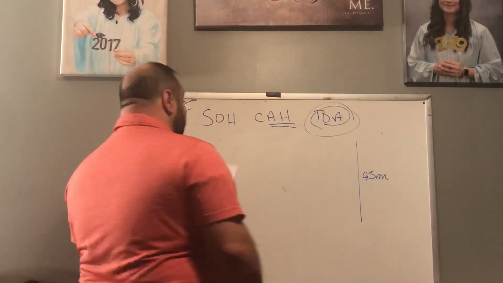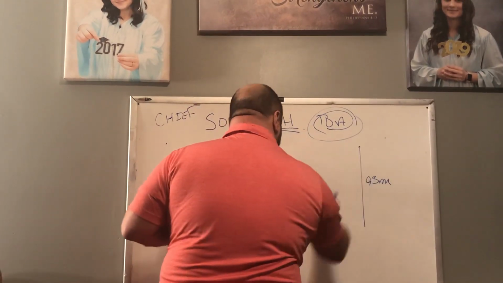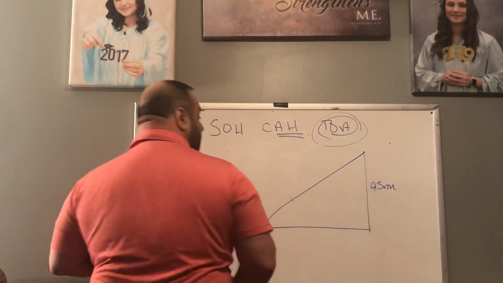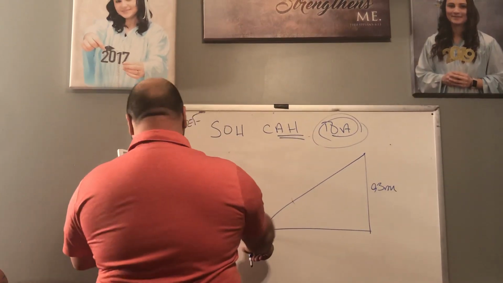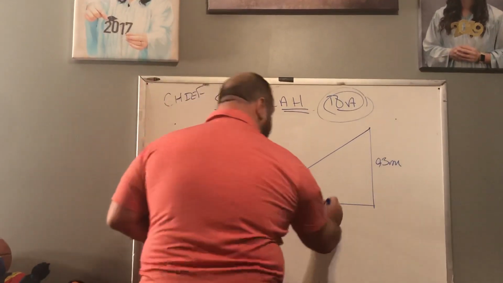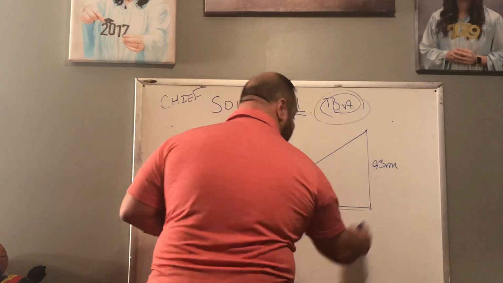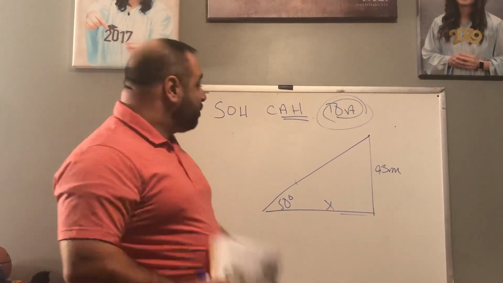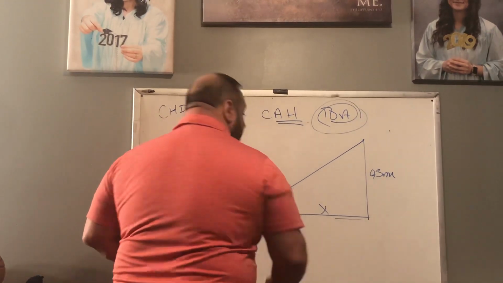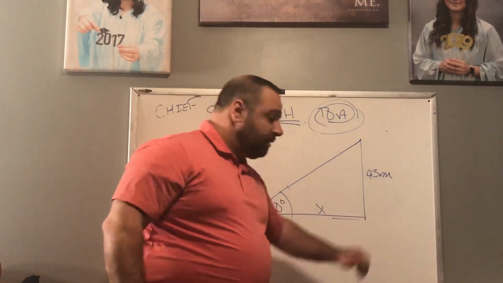The shadow would be down here, and the tip of the shadow has a 50-degree angle. We want to know how long the shadow is. If the sun is shining down at a 50-degree angle, what is the length of the shadow?